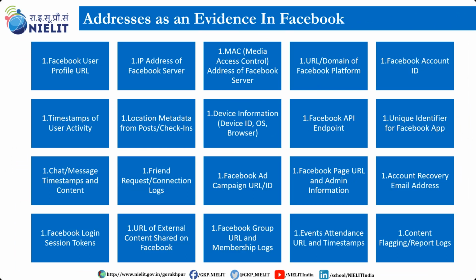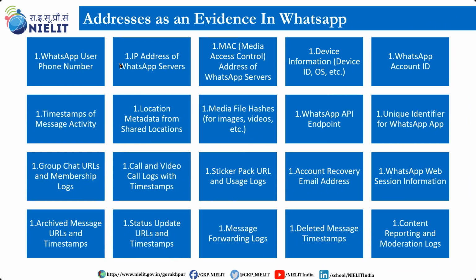So depending on which services the user has used, accordingly the IP address will be allocated from the service provider. So how many account recovery email IDs are associated? What is the contact number provided with the particular Facebook URL, Facebook account? So this information can be helpful as evidence.